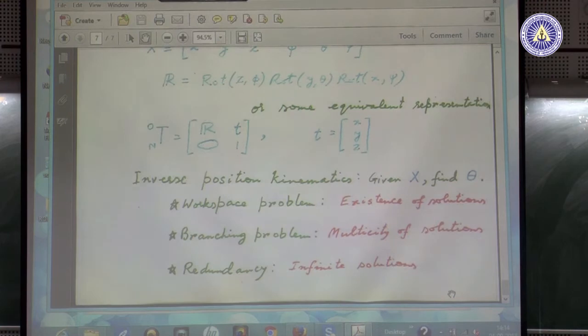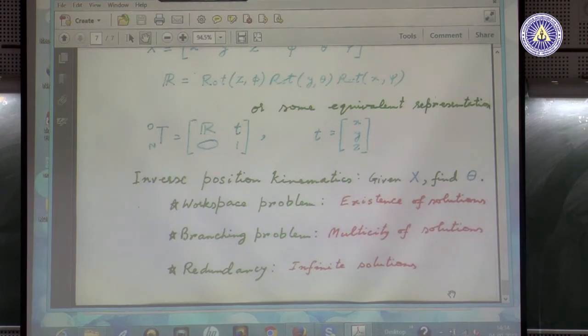That is, in order to accomplish ordinary tasks which require a certain number of degrees of freedom, if we use a manipulator which has a larger number of degrees of freedom, then the solutions will not be simply multiple, but infinite.